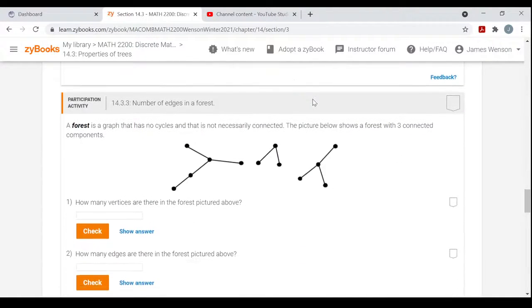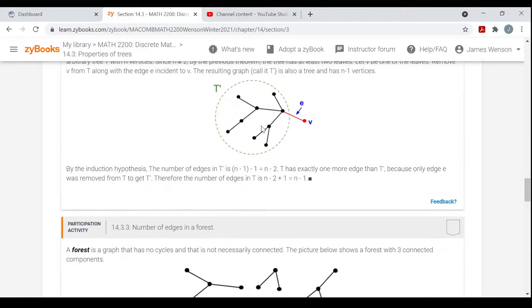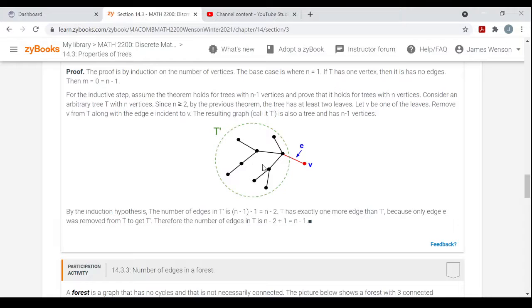All right. Now finally, one final definition in this chapter. A forest. A forest is a graph that has no cycles, but is not necessarily connected. Remember, a tree was connected. There were no separate pieces.